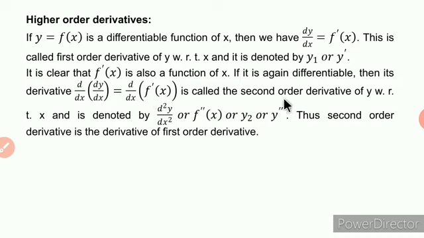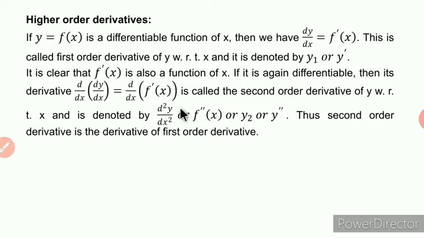It is called the second order derivative of y with respect to x, and is denoted by d square y by dx square, or f double dash of x, or y2 or y double dash. That means here we observe that this second order derivative is the derivative of the first order derivative.